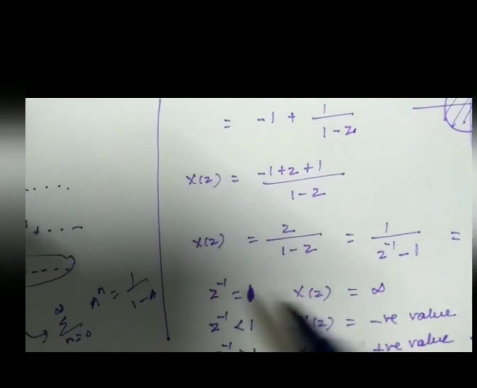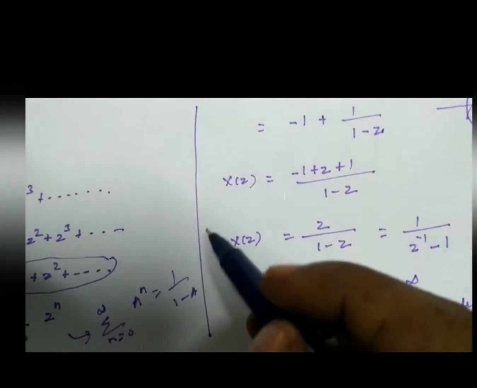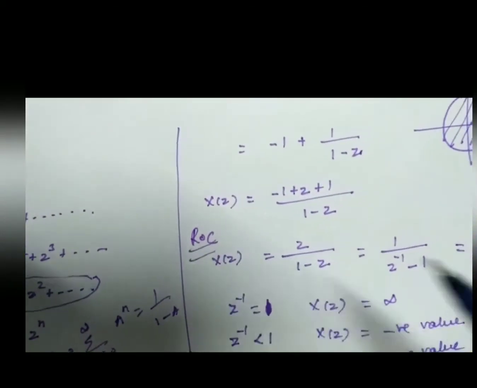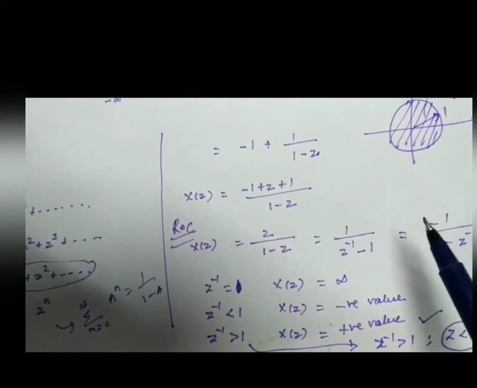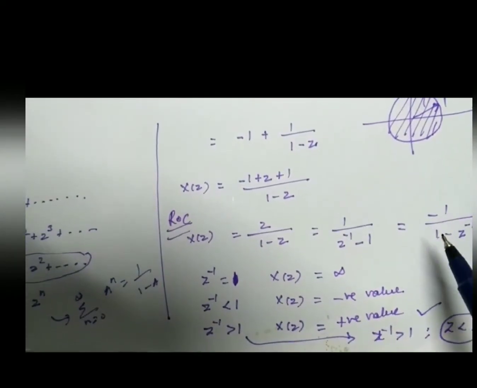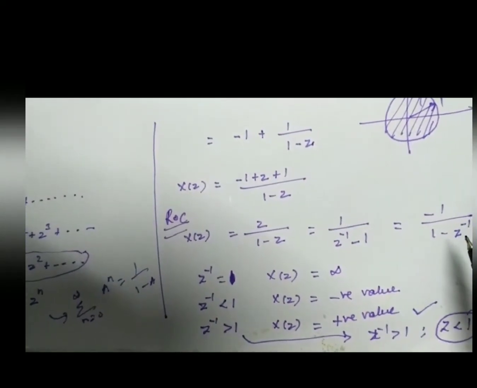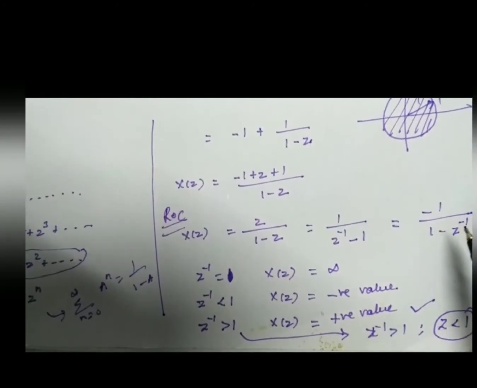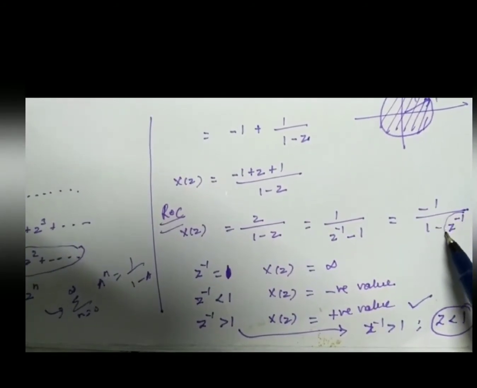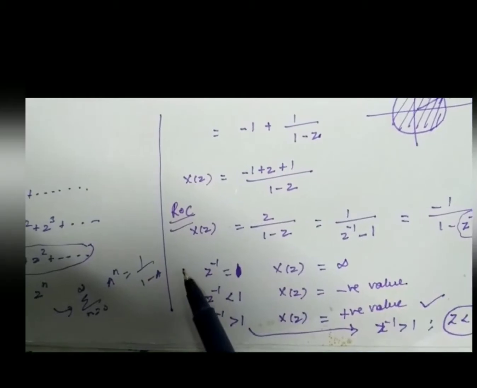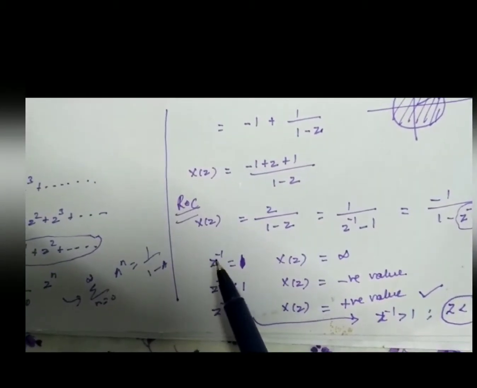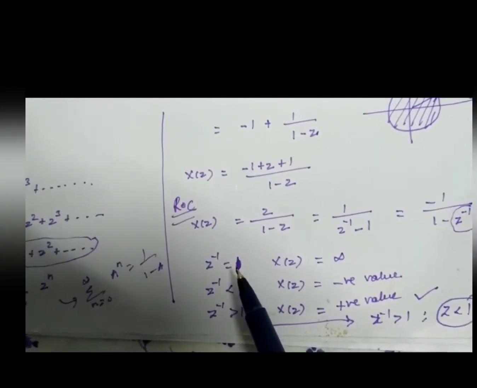Now the concept is to find the ROC. We have the final result: minus 1 divided by 1 minus z inverse. We will take this term as reference.